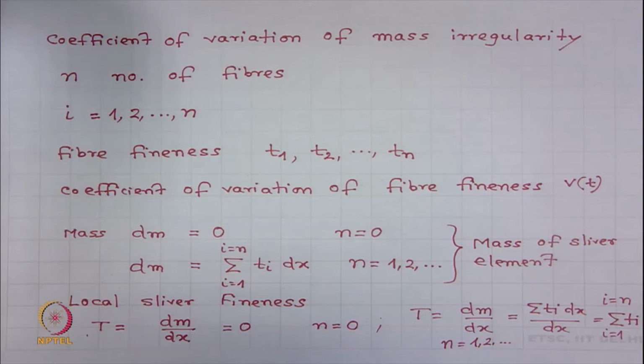Now, what we see is that sliver fineness can be 0 if there is no fiber, but if there is a fiber, then sliver fineness is equal to the summation of fiber fineness.